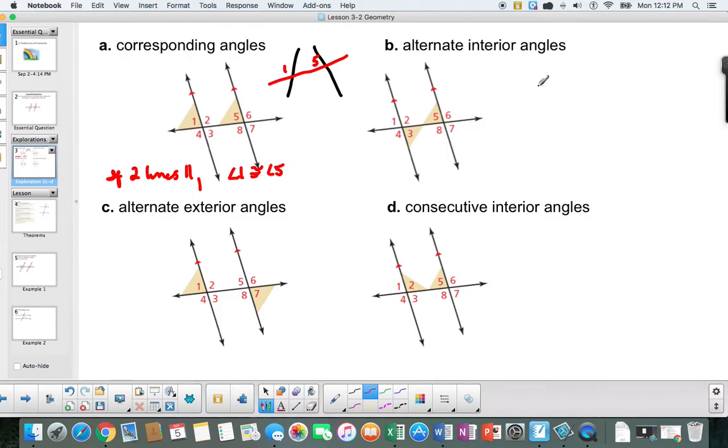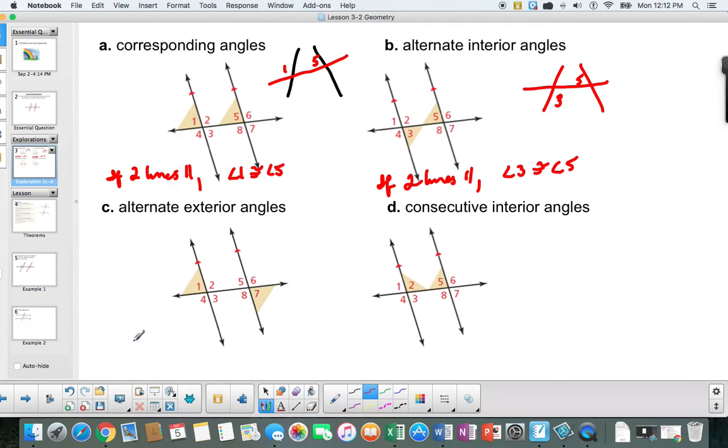Now, alternate interior angles. Again, when we have two lines that are not necessarily parallel, and we take a look at 3 and 5, notice that 3 can be obtuse and 5 can be acute. But in our exploration, when the two lines ended up being parallel, we found that angle 3 ended up being congruent to angle 5, and these are alternate interior angles.